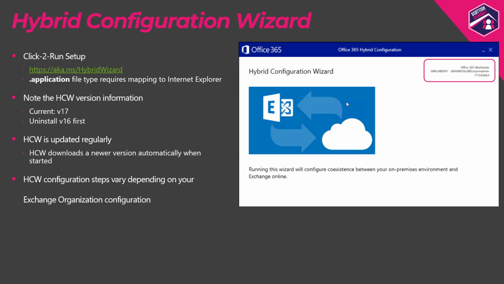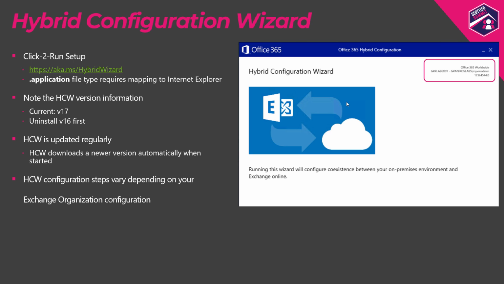If you've already downloaded the hybrid configuration wizard in the past and it's still starting in version 16, please uninstall version 16 first and then move forward and do any future run with version 17.